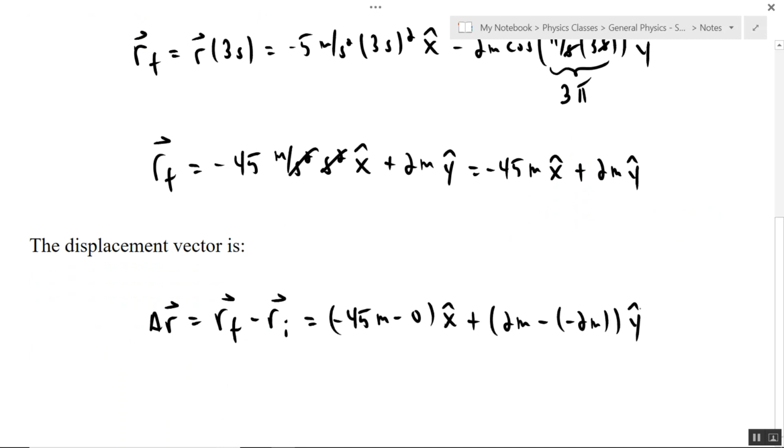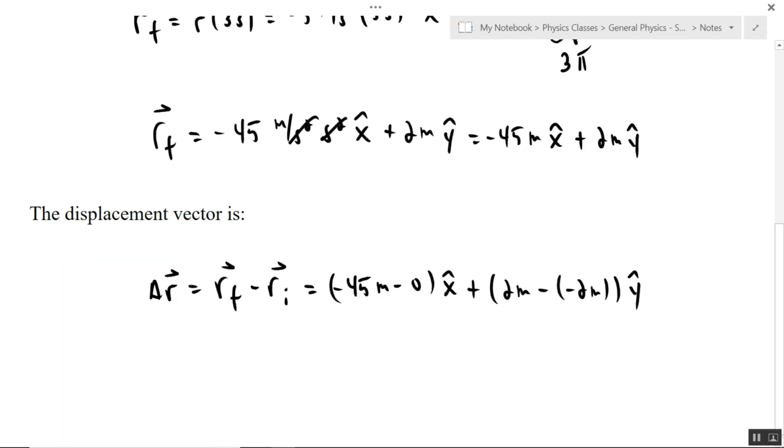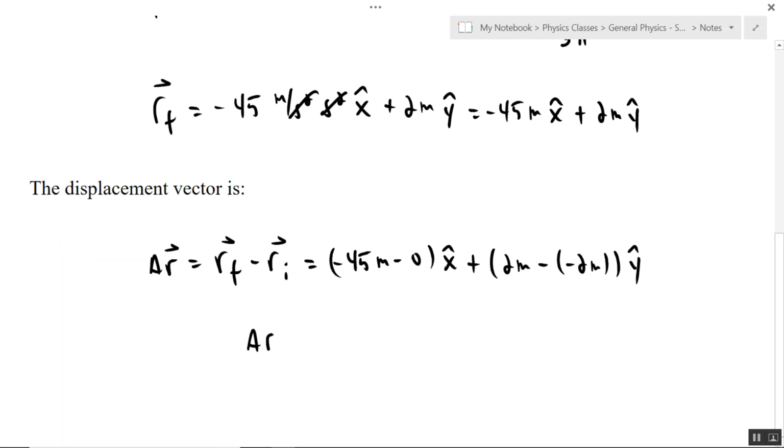So you've got to be a little bit careful with your signs, right? So what does it wind up to be? Well, it's minus 45 x hat plus 4 meters y hat, right?